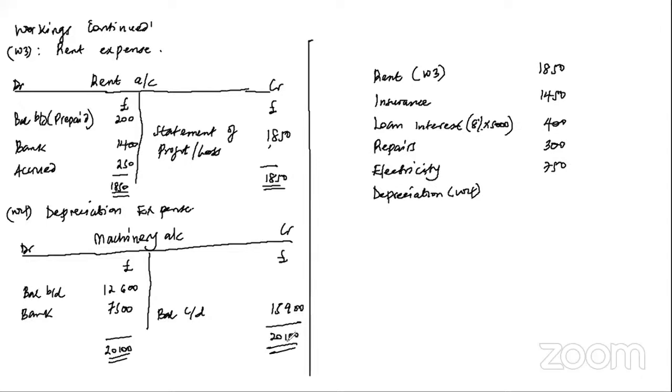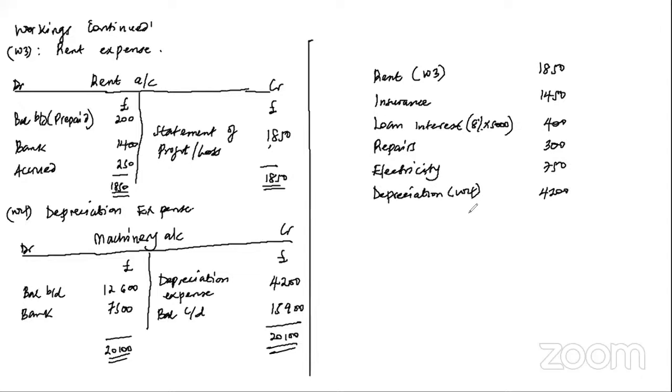And of course, the value is now 15,900, meaning that during the year these assets depreciated by 4,200. This is your depreciation expense, 4,200.